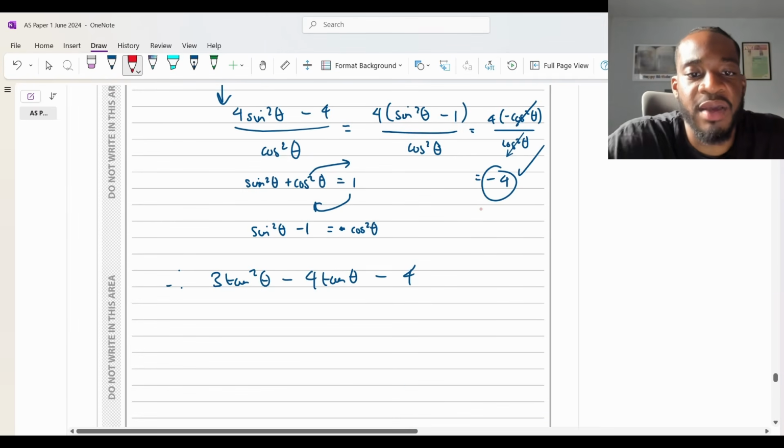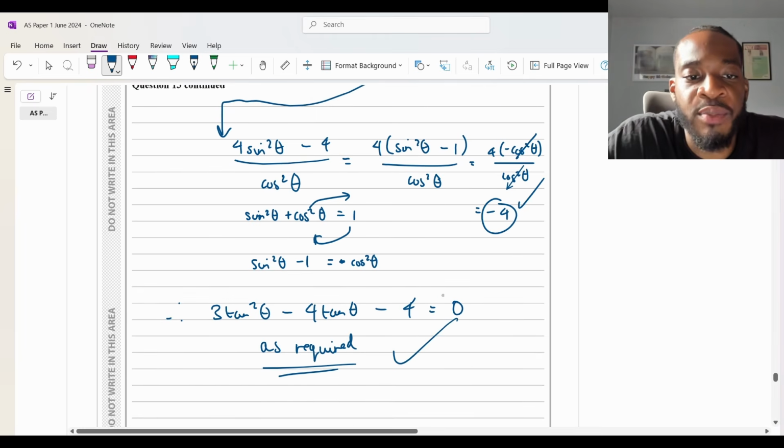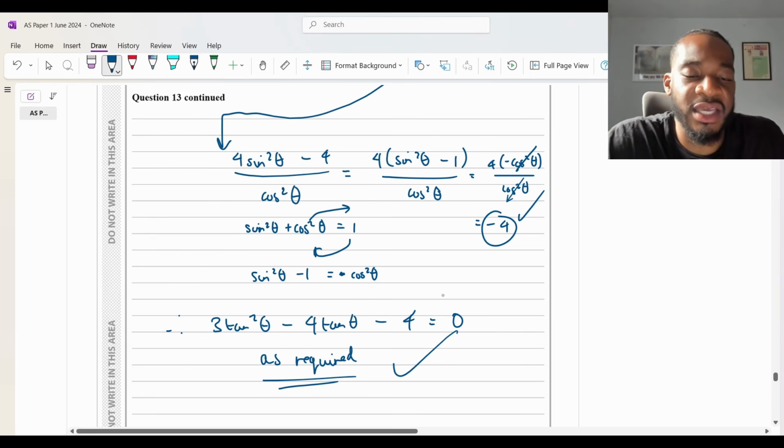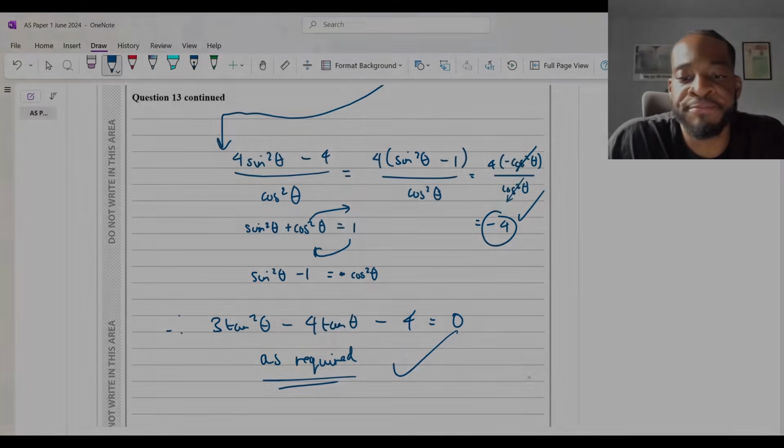So therefore, we can put minus 4 there and then equals 0, as required. And that is it for part A. This is a very funny type of question. I haven't really seen much like these, but it's good that they put these in here because it requires you to stretch your mind and think outside the box. So that's part A finished.